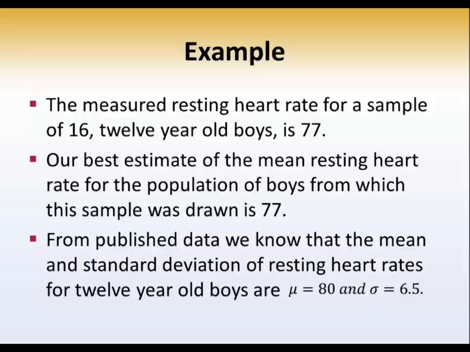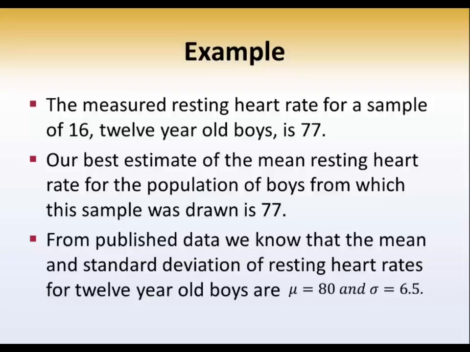Let's say that we measured the resting heart rate for a sample of 16 12-year-old boys, and we got a mean of 77. Our best estimate of the population mean now is 77. Remember, we only drew one sample, and our best estimate of the mean is what we've drawn from that sample. However, from published data, we know that the mean for 12-year-old boys is 80, and the standard deviation is 6.5.